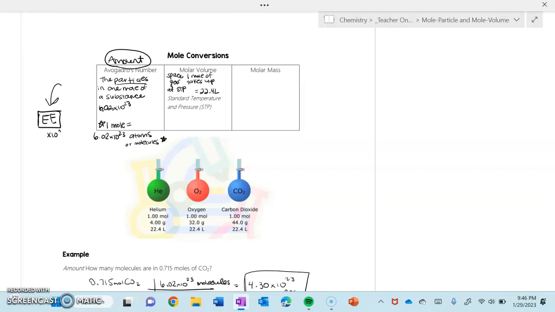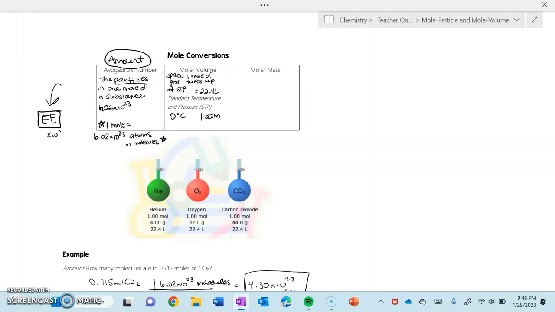And right here we have standard temperature and pressure. The conditions of that are 0 degrees Celsius, and that's freezing, so that would be 32 degrees Fahrenheit, like when rain turns into snow. So there's our temperature, and then the pressure is just normal atmospheric pressure, 1 atmosphere.